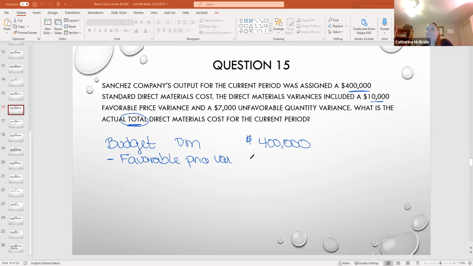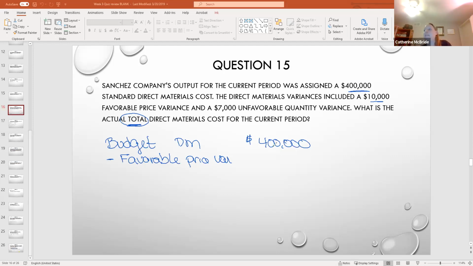We plan to spend 400,000, and we're trying to figure out what we actually spent. We know that we have two variances: a $10,000 favorable price variance and a $7,000 unfavorable quantity variance.